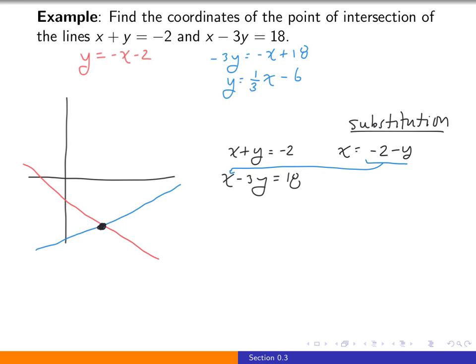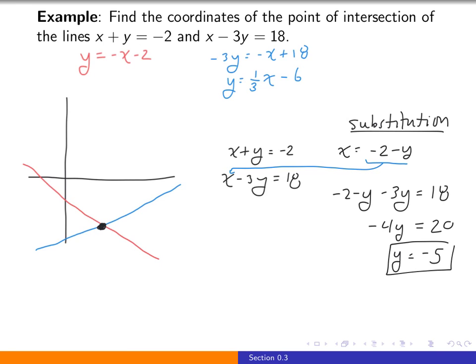We're going to go ahead and plug this minus 2 minus y in for x, substitute it in. When we do that, our equation becomes minus 2 minus y minus 3y equals 18. So adding 2 to both sides makes the right side 20. On the left we have minus 4y. So y is 20 over minus 4, which is minus 5.